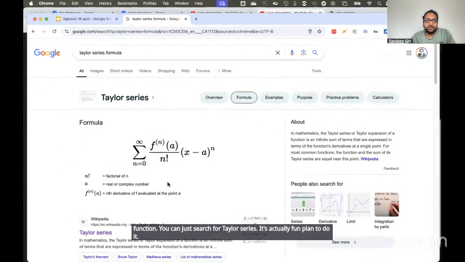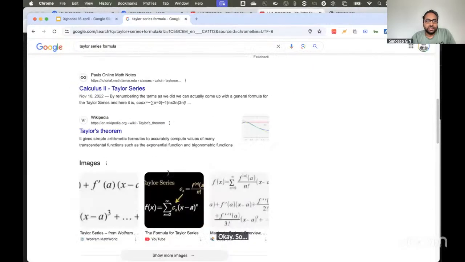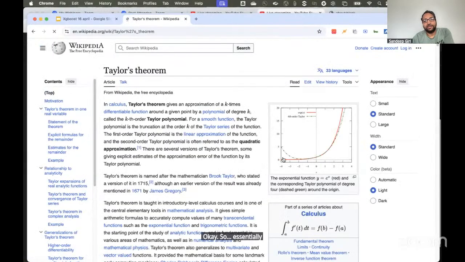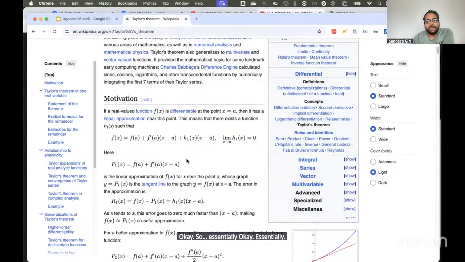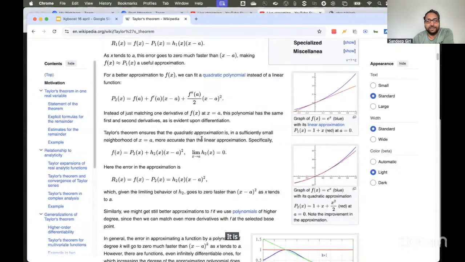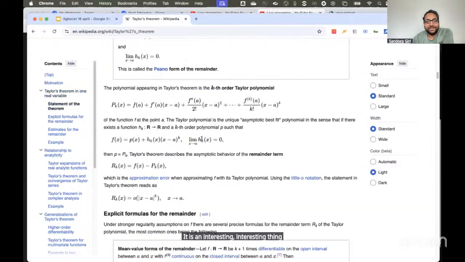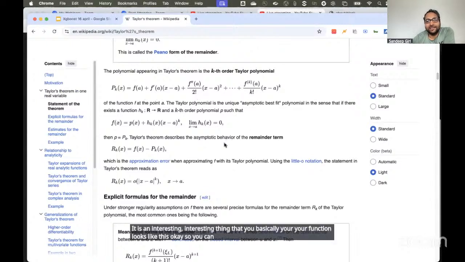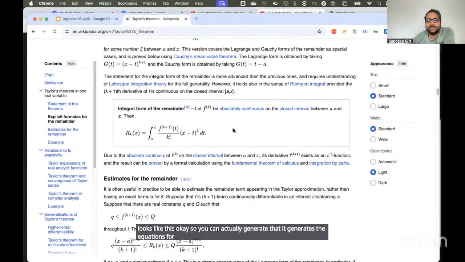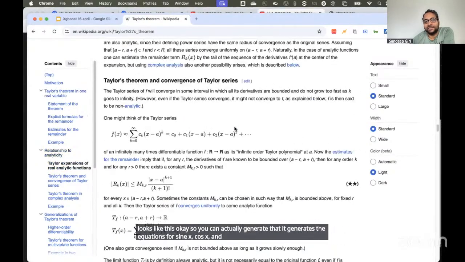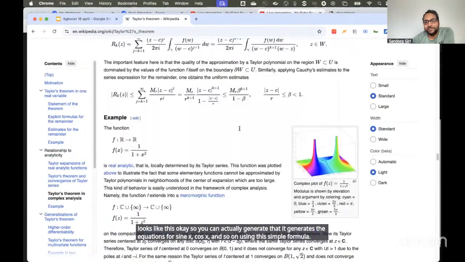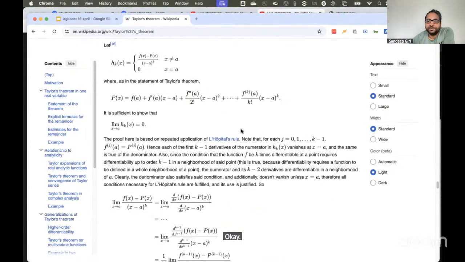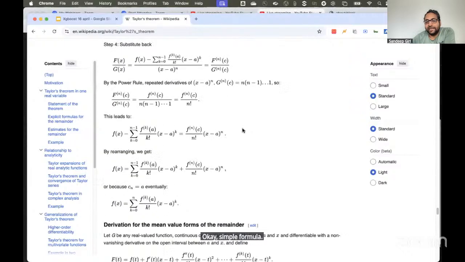Okay. So essentially, it is an interesting thing that your function looks like this. You can actually generate the equations for sin x, cos x, and so on using this simple formula. So take a look at the Taylor series.